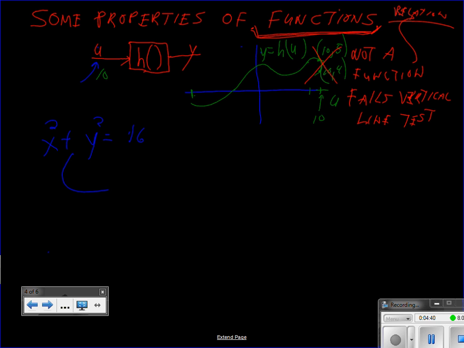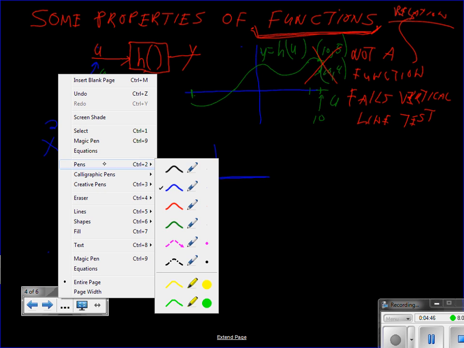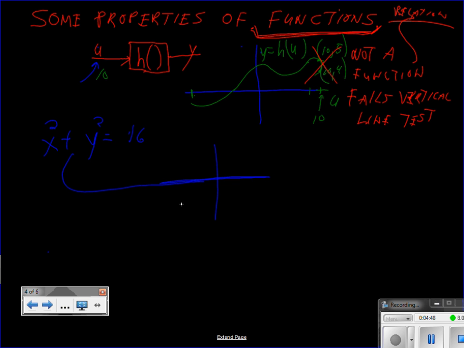Well, I'm hoping you recognize that as a circle, right? That is a circle. Trying to draw a nice circle here. I actually could get real fancy and have a circle inscribed on here, but I won't. And a couple points on the circle.